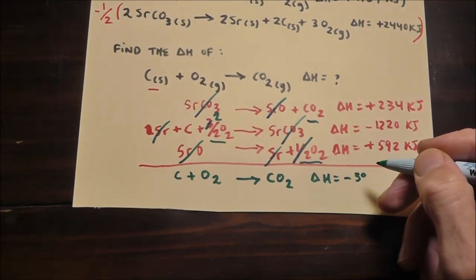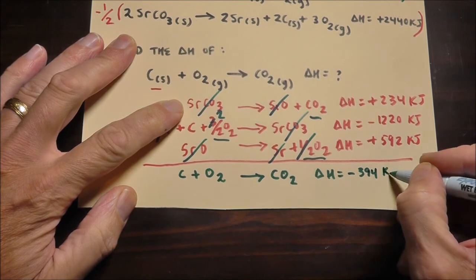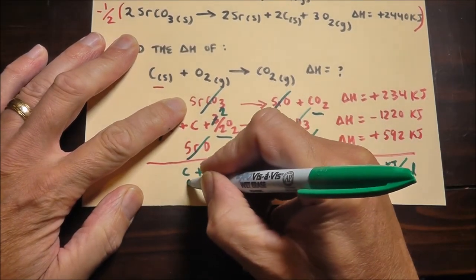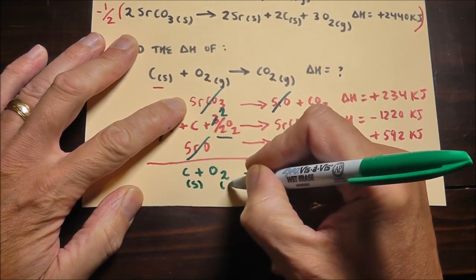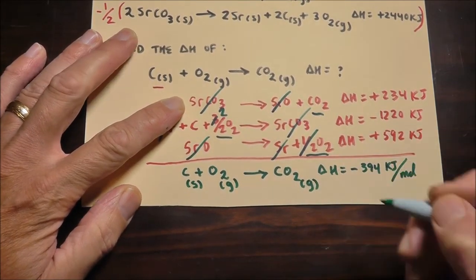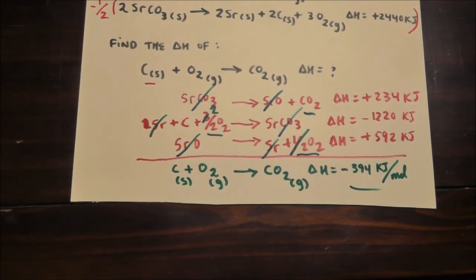And actually, let's give it its units: kilojoules per mole. Oh, and I can make it look nice and professional again with my subscripts. And that is making me feel relatively good about myself, which doesn't happen that often.